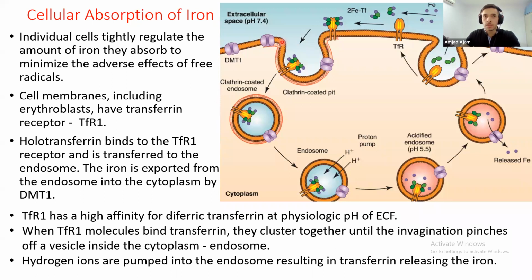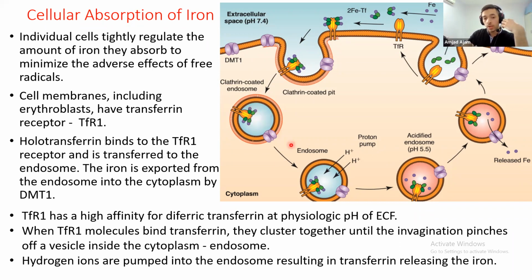You have something called receptor-mediated endocytosis, in which this endosome will pinch off from the plasma membrane going into the cell. So what do you have inside the cell? Two things, the receptor and the iron, right?